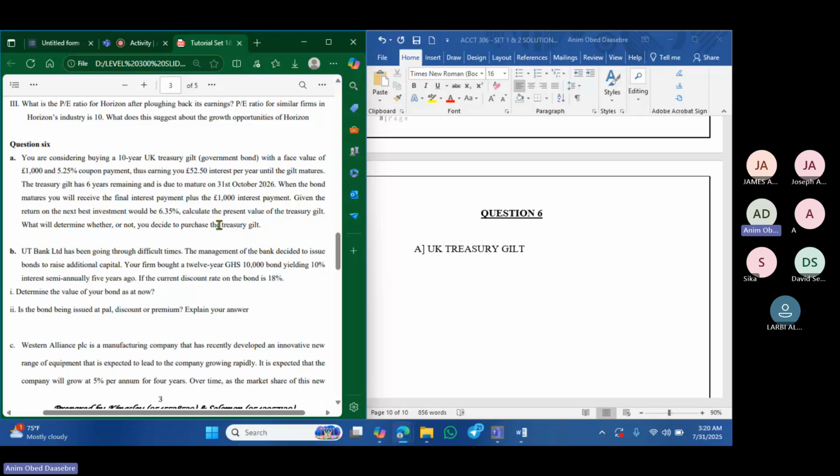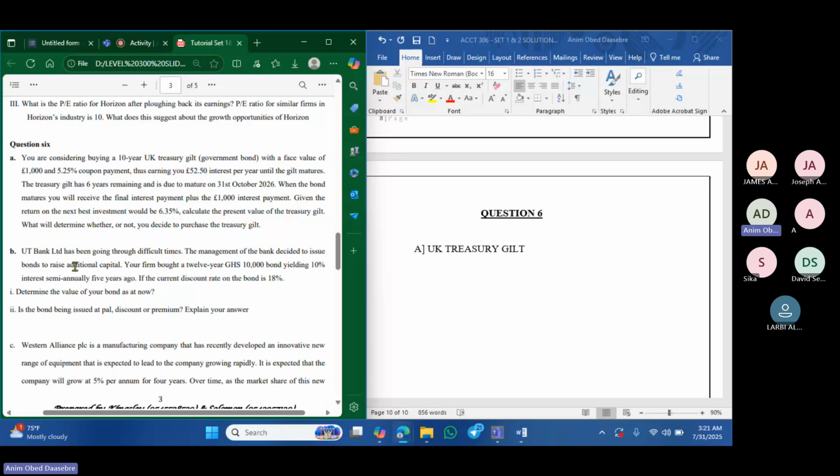So after we have determined the present value of the gilt, we are not done. We should also go ahead and conclude by stating the decision: buying or not buying the treasury bill.